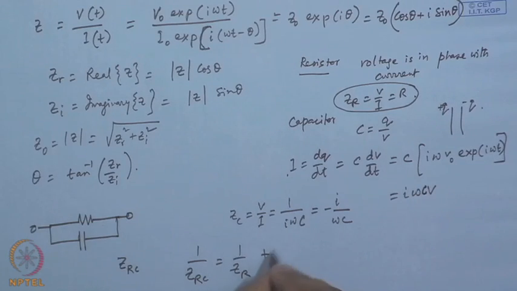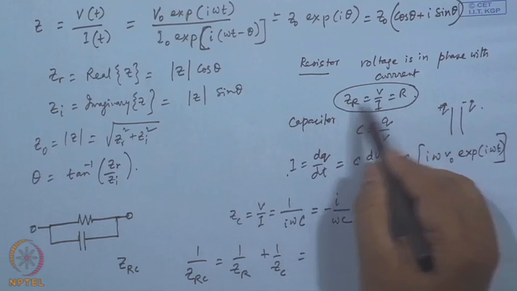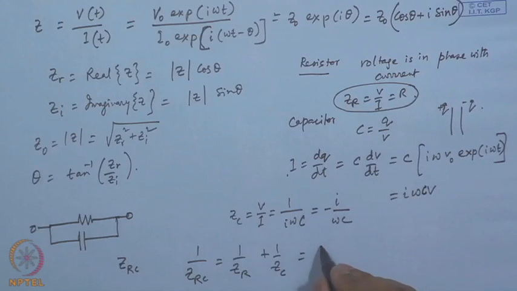So, 1 by ZR would be 1 by R, and 1 by ZC would be i omega C, because omega C would go to the numerator.